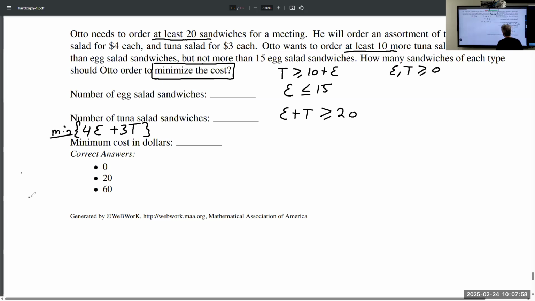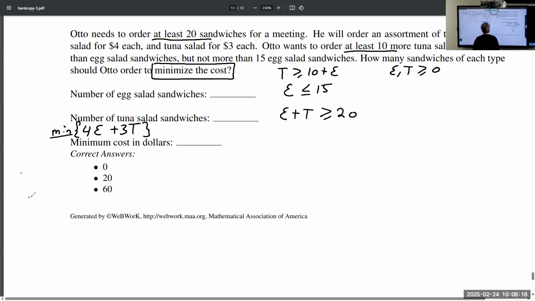So we have 2 variables, and our technique so far with 2 variables is if you graph them, you should be able to find some type of corner point, plug those corner points in your objective function, and that's either the maximum or the minimum.